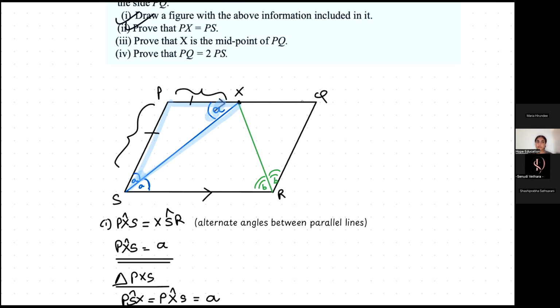Hmm? Parallelogram is bisected by what? What do you mean parallelogram is bisected? How do we get that?